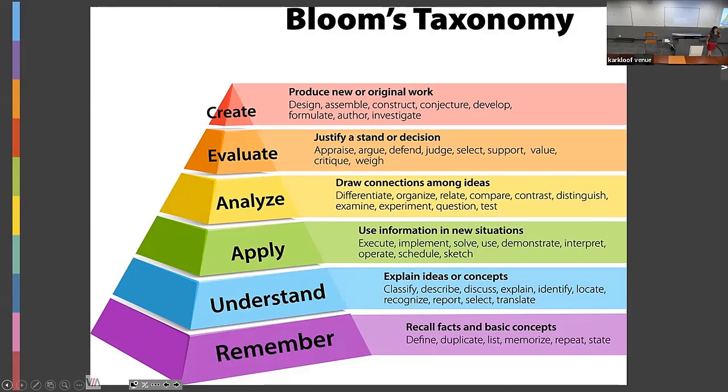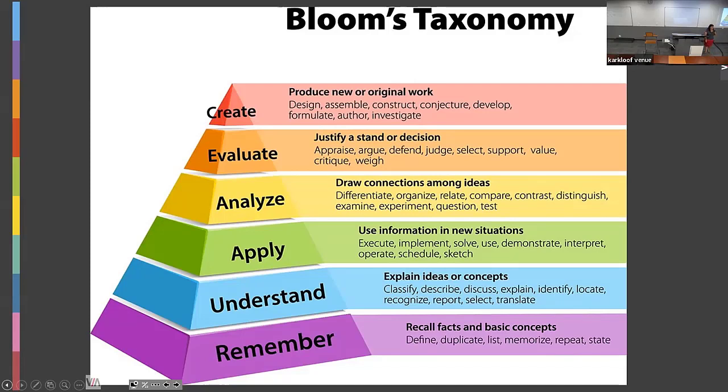Right. So remember, taxonomy means it's like a classification, right? It's a classification, and it takes you from a lower level right up to a higher level. So when Bloom brought out his taxonomy, he spoke about lower order levels of thinking, middle order levels of thinking, and higher order levels of thinking.